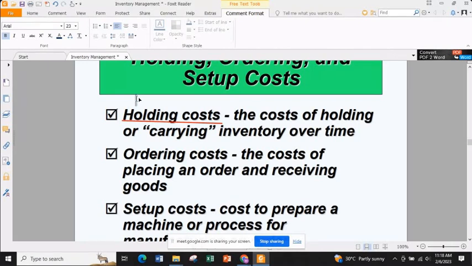Let's say the steel price, the current price per ton, I mean USD per ton, is 35 today.